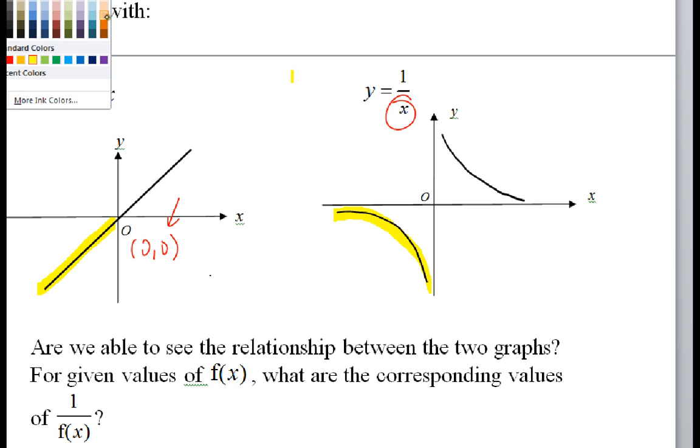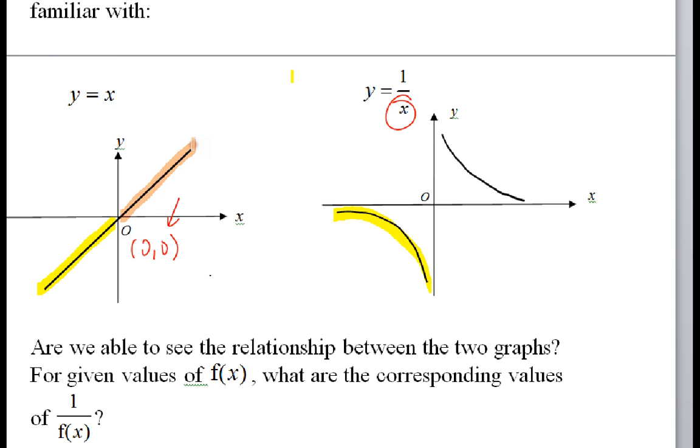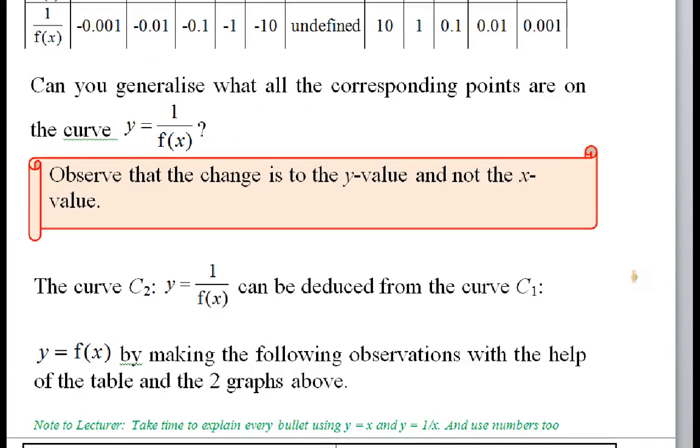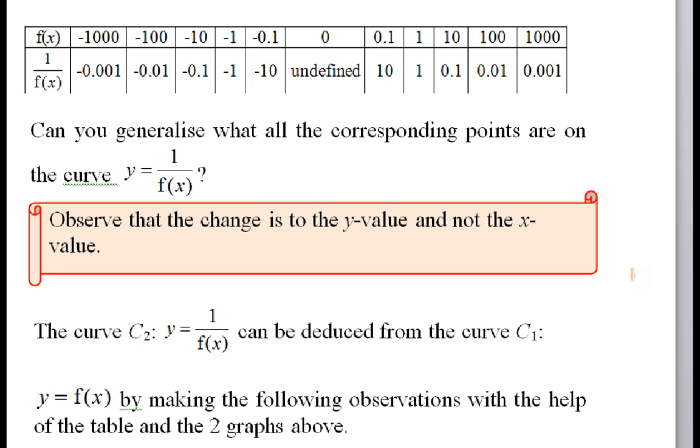And if it's above the x-axis, no matter how you take the reciprocal, the reciprocal function graph will always lie above the x-axis. Correct? Okay, now we can take a look further. Can I have attention? Look up. We are actually going to take the reciprocal of all the y coordinates.